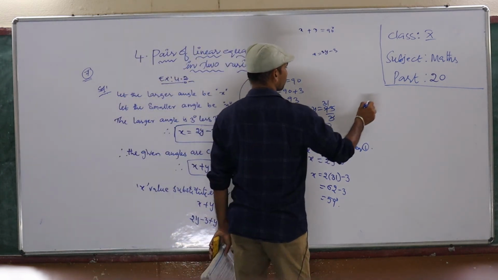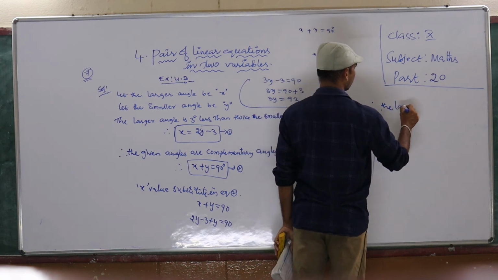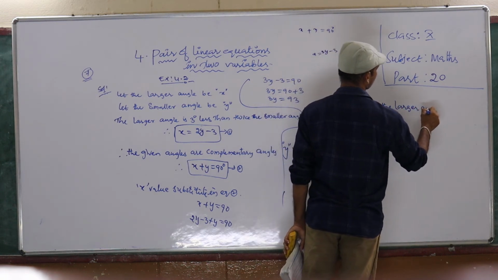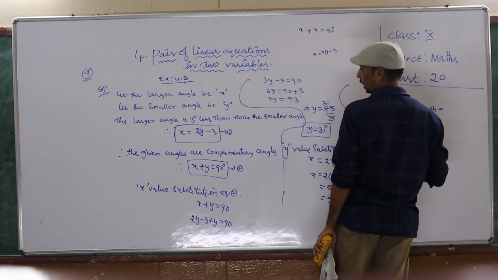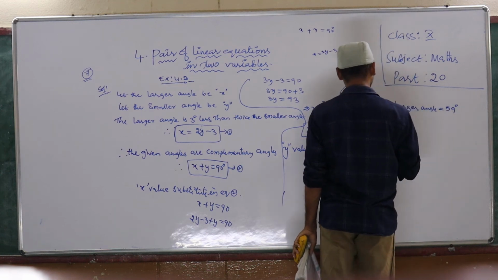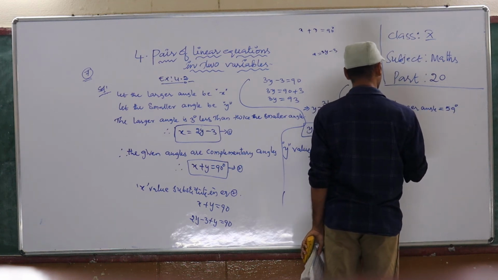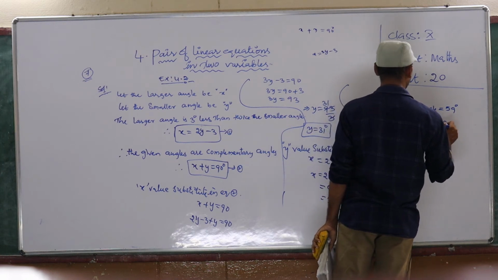Therefore, the larger angle is equal to how much? 59. The smaller angle is 31.